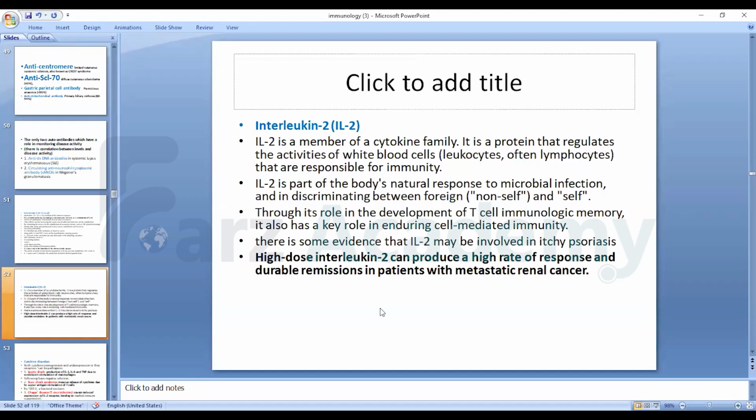Through its role in the development of T cell immunological memory, it also has a key role in enduring cell-mediated immunity. There is some evidence that interleukin 2 may be involved in itchy psoriasis. High dose interleukin 2 can produce a high rate of response and durable remission in patients with metastatic renal cancer.